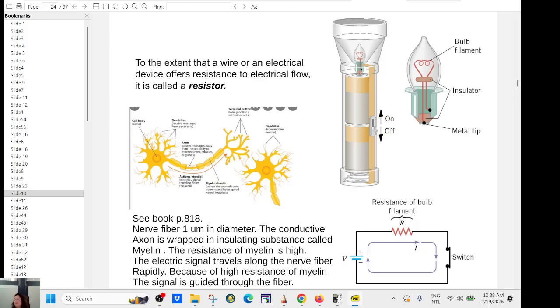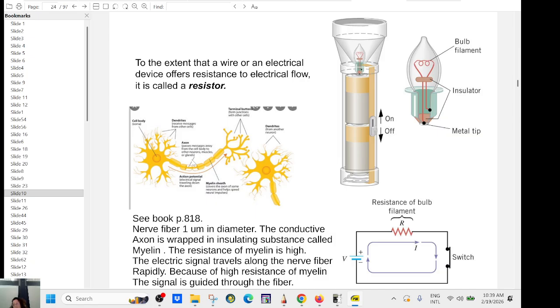So it works the same way as wires. When you have wiring, you have a thick layer of insulation so the signal does not leak out. Same thing here. And if you don't have enough of that layer, what is the disease called? MS. Okay, it's called MS, right?